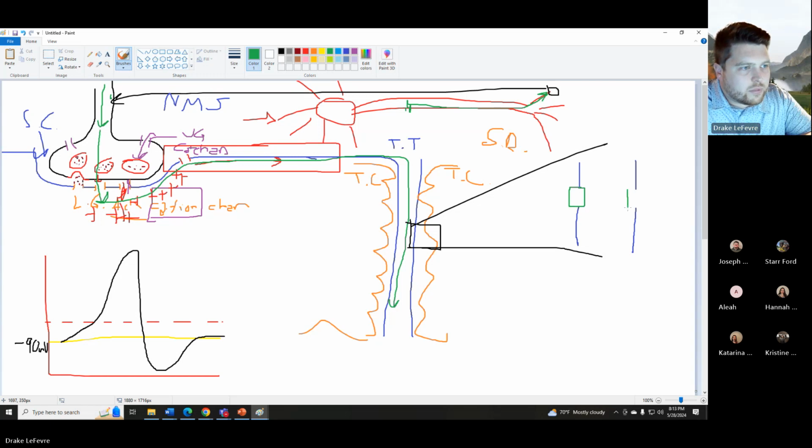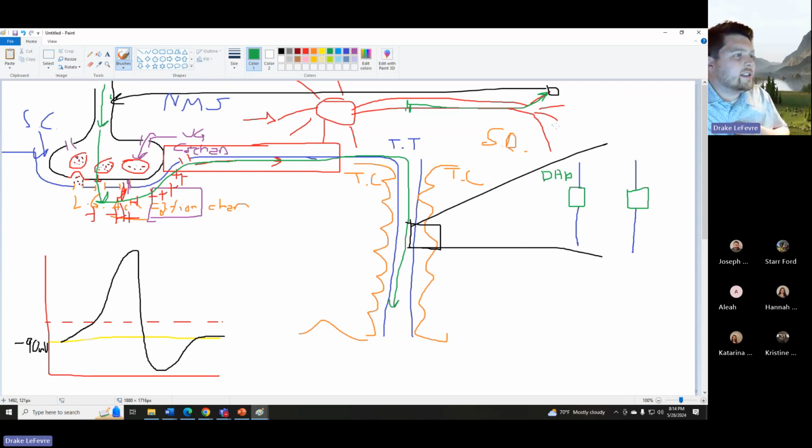Can anybody remember what these voltage sensors are called? DHP. Yeah, what's the long name of DHP? What's that abbreviation for? Dihydropyridine. Yeah, it's either dihydropyridine or dihydropyrimidine. Dihydropyridine, I think, is correct.